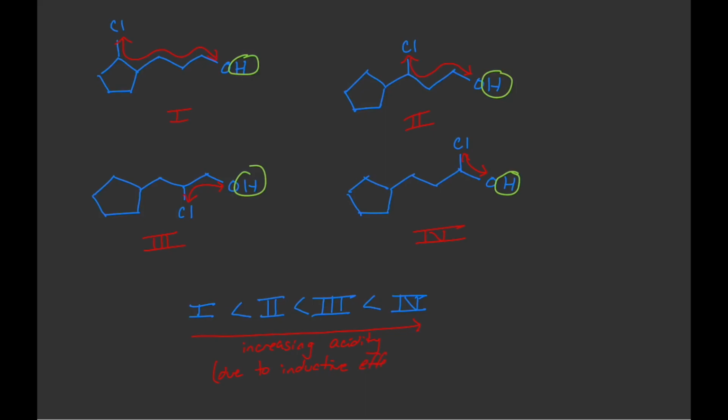And again, the inductive effects, you can just think about that as the ability of that localized electron cloud around the oxygen to be pulled away by that electronegative atom being in the area of the proton that's leaving.